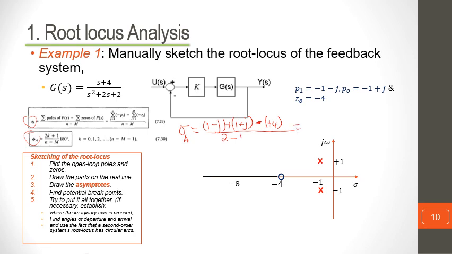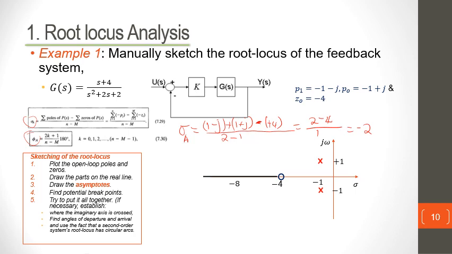So this gives us 2, because the j's will cancel out, minus, so it's 2 minus 4, and then divide by 1, which is negative 2.